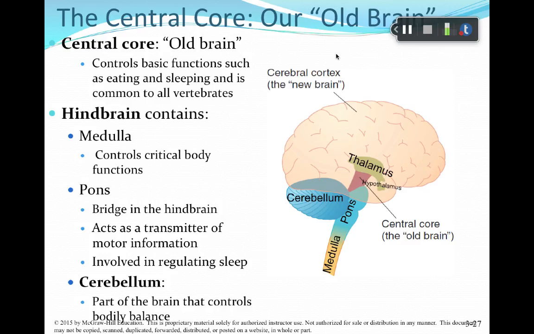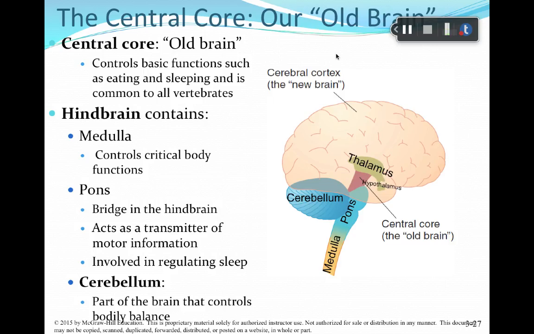So the book breaks it down into the new brain and the old brain. So the central core is what controls all the basic functions, eating, sleeping, breathing, that are common to all vertebrates.